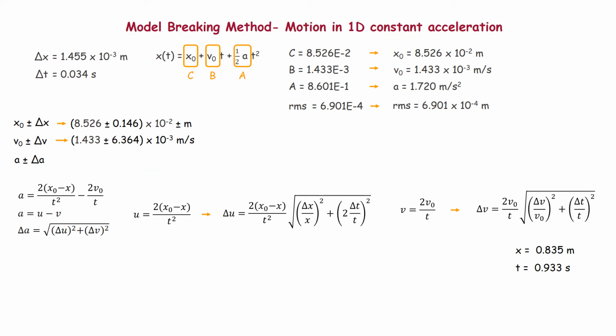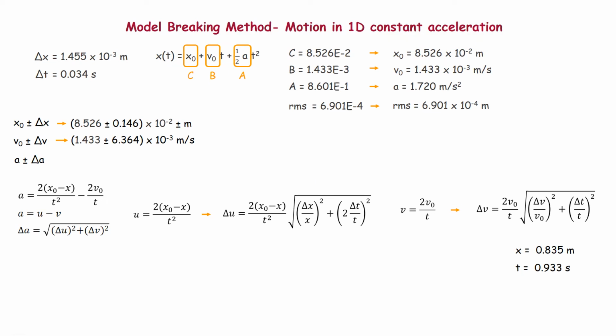So, what is V0? V0 here is the initial velocity, and delta V is the calculated error in V0. All the values are clear now.